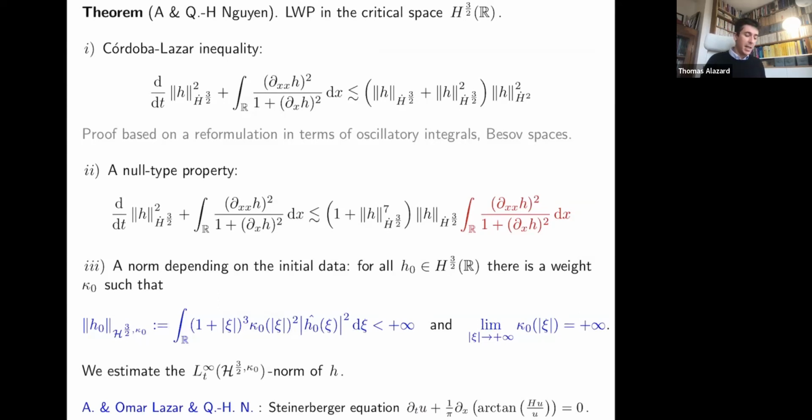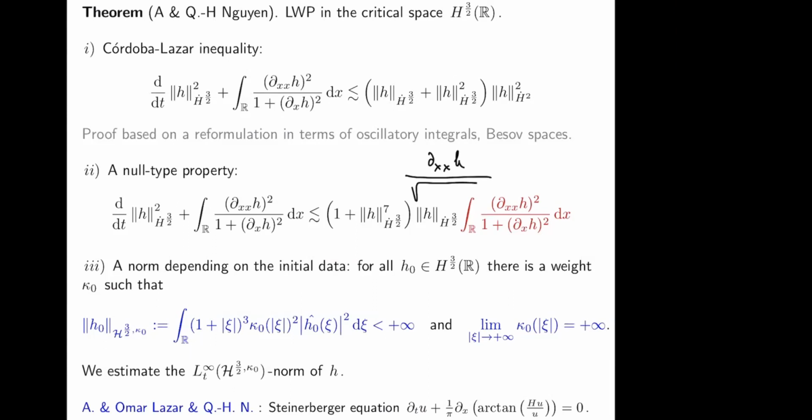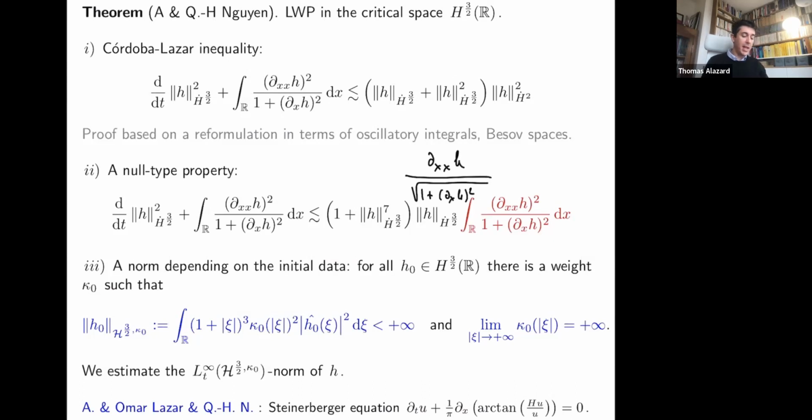The method is that every time in the proof we will need to estimate ∂xx h, we make appear a factor 1 upon square root of 1 plus ∂x h squared. We verify that in the proof every time you have a type of cancellation. Every time you will need to have this factor, it can come with a factor of that form.